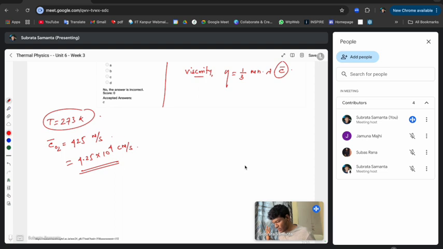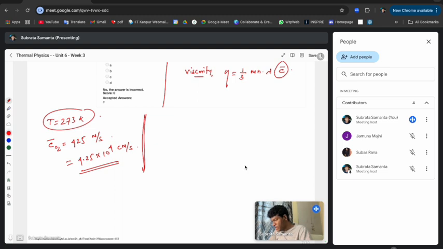I just changed the unit, meter to centimeter. So this is the average speed, or the mean speed, of an O2 molecule.